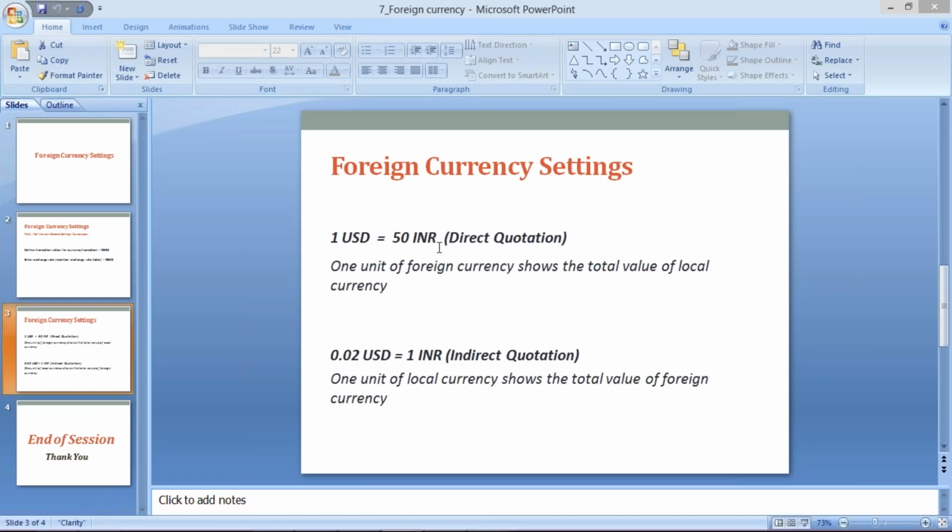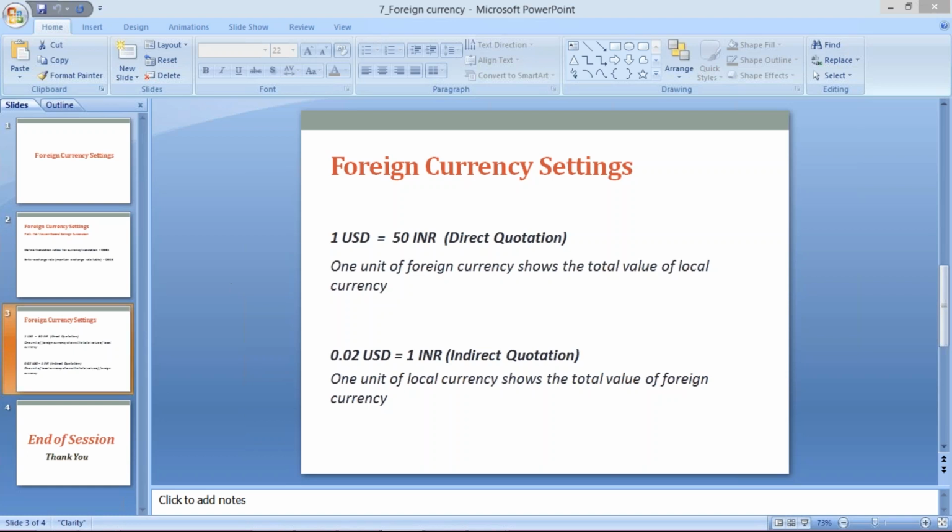Direct quotation means 1 unit of foreign currency shows the total value in local currency, and indirect quotation means 1 unit of local currency shows the value in foreign currency. The calculation will be the same. Whatever method you apply, there won't be any impact in terms of calculation.